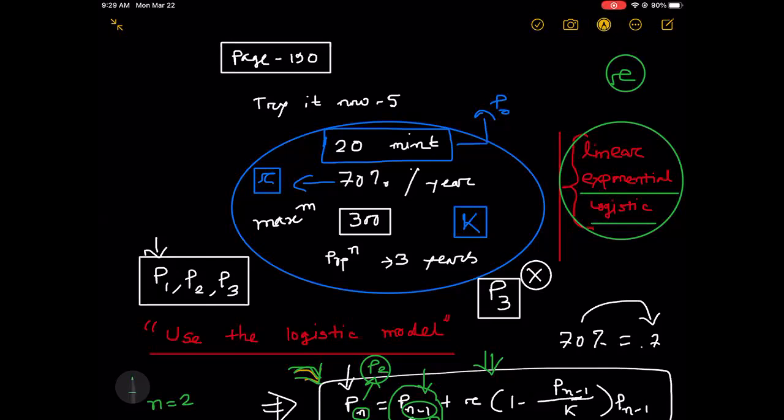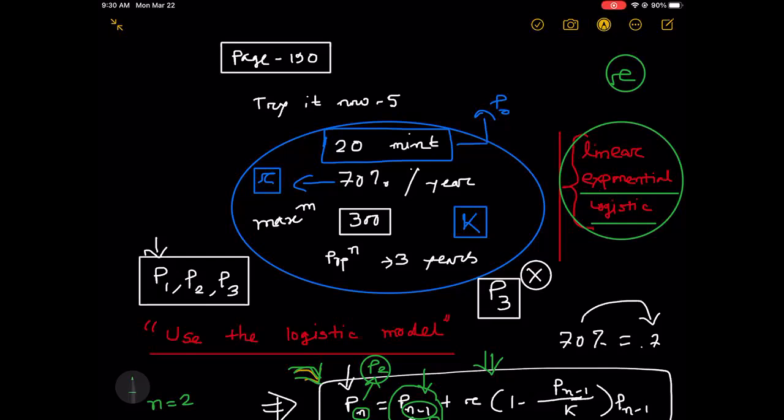Now how to choose which model should you go for? If you have a certain growth rate, definitely you can say that it's not linear, but whether or not it's exponential, you need to look for more information, because it could be logistic as well.